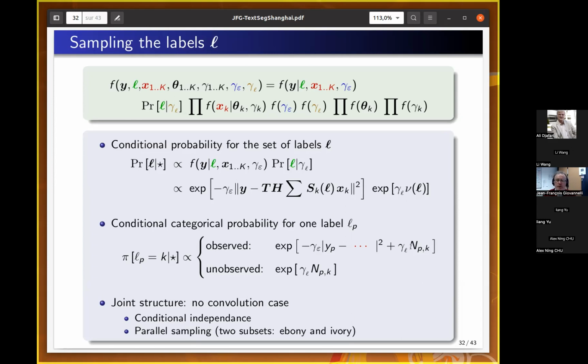It depends on the number of neighbor pixels of the current pixel with the value K, and something coming from the likelihood that amounts to testing, for the current pixel, the value of the adequation term that is here if the current pixel is in class 1, class 2, till class capital K. And we have a very fast way to compute this one. Okay. That's the idea of computing the sampling for the label.